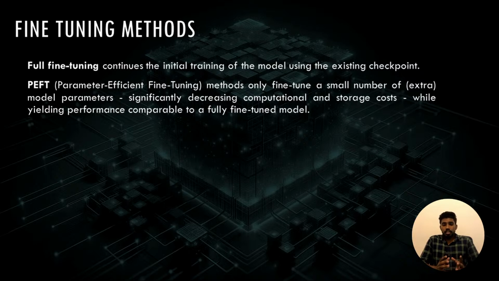This can significantly decrease the computational and storage cost, while yielding performance comparable to a fully fine-tuned model. That means we have, like, 7 billion or 8 billion parameters in our LLM models. What the PEFT method does is freeze most of these parameters, and only take a small part into our fine-tuned model.